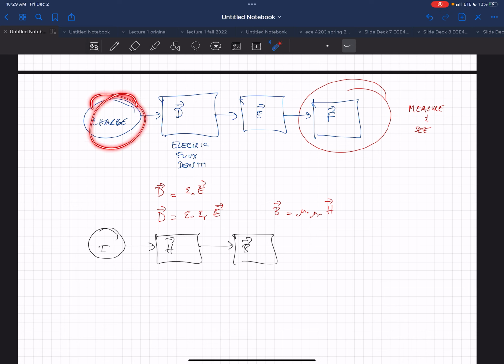You have charge leading to flux density, leading to electric field, leading to force, and in magnetism you have current leading to magnetic flux density, leading to magnetic field, leading to a force. And again, that's the only thing you can actually measure.